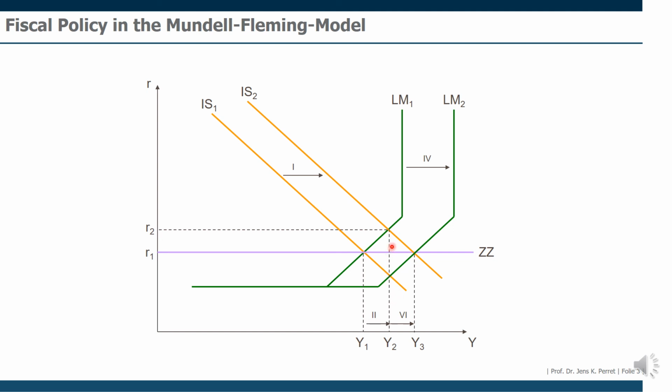So in other words, if we soften this up a little bit, this would mean the more fixed our exchange rate regime is, the more effective government policy will be. And that's then everything there is on the effects of fiscal policy in the context of the Mundell-Fleming model.